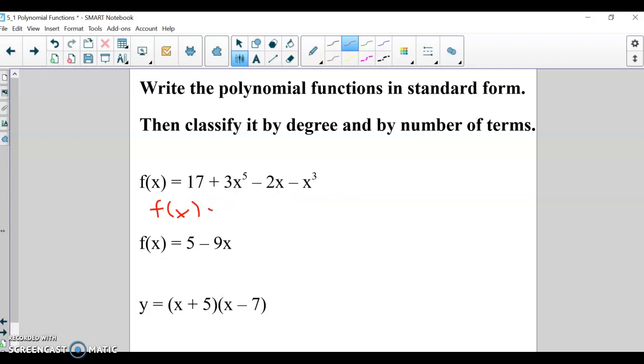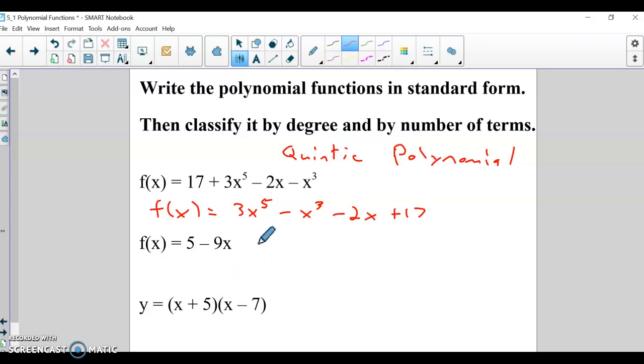Putting this one in order, the x to the 5th would be first, then the x cubed, and then the constant last. Okay, and this one would be a quintic for the 5th power, and polynomial because it has many terms, 4 terms. Once you get 4 terms, there's no special name. Sorry for the poor handwriting.